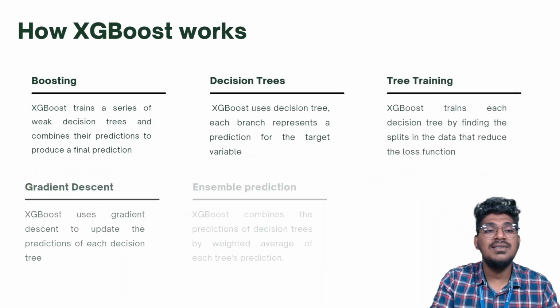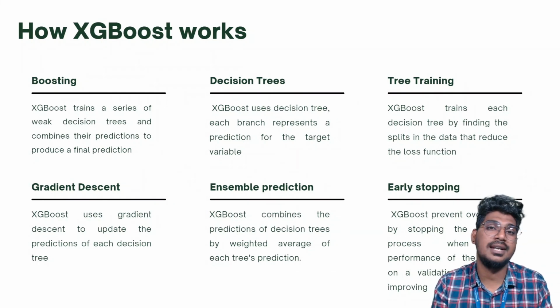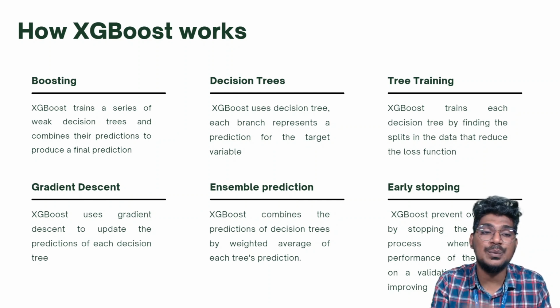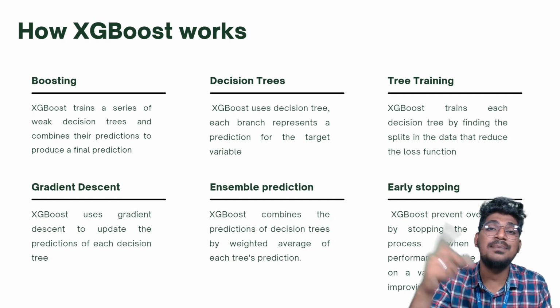Here I will explain the technical terms and how XGBoost works. What is the meaning of boosting here? XGBoost trains a series of weak decision trees and combines their predictions to produce the final prediction.